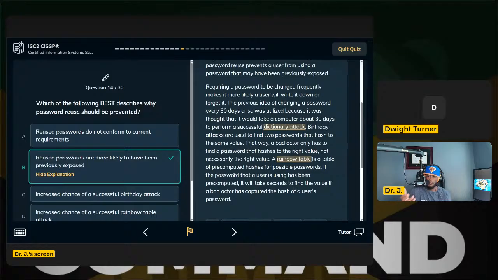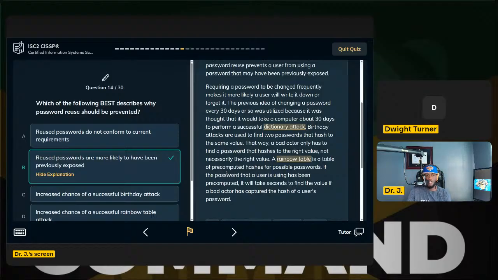So as you're alluding to with that, Dwight, birthday attacks find two passwords that have the same hash. That way, a bad actor only has to find a password that hashes to the right value, not necessarily the right password.